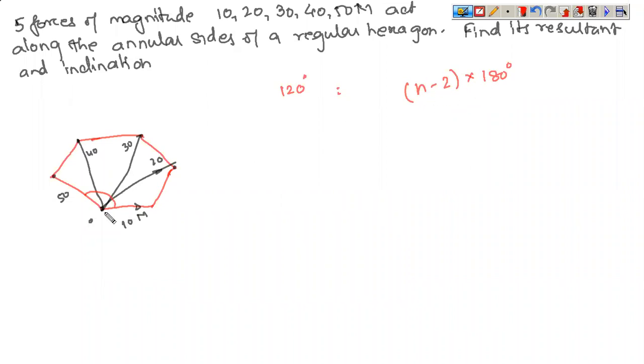So 720 degree is the sum of all interior angles. Now this has to be divided by number of sides n. So this comes out to be 120 degree is the interior angle.